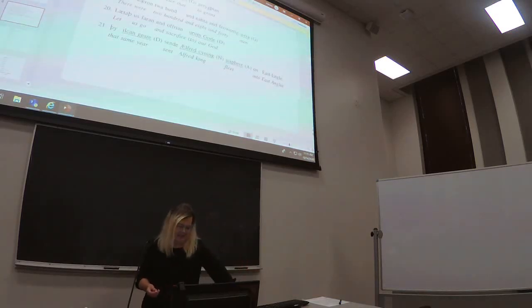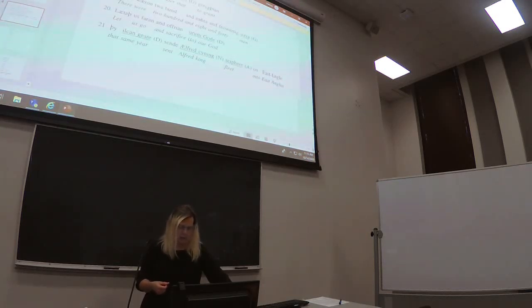So, interesting concept. So 20, let us go and sacrifice to our God. So here we have dative. Oh, by the way, in 19, wera is in the genitive form, where it would be wer in the nominative. So it's in the genitive form because it's a number, a higher number, 148.